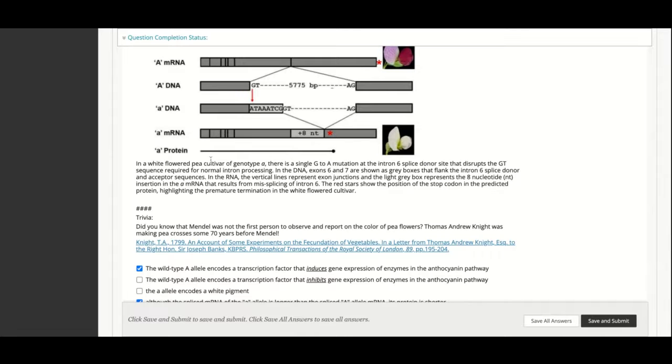But whenever the transcription factor doesn't work, then you don't make pigment. So the key thing here is that it doesn't encode a pigment. It encodes a transcription factor, and the flower is white because of the lack of transcription of the enzymes needed for formation of pigment.